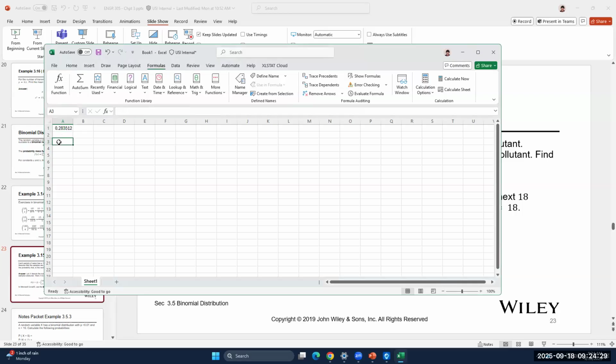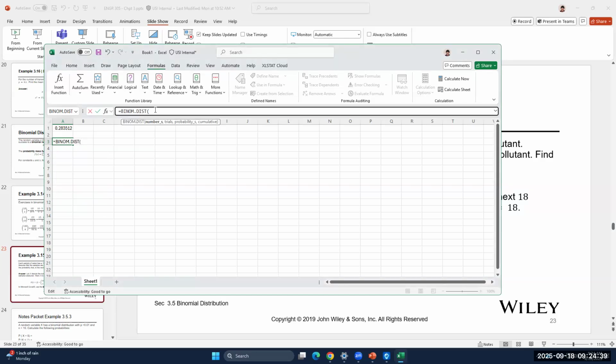Also, if I just type equals and start typing binomial, it should come up as your f of x. Excel will tell you that you need to enter the number of successes you're looking for. That's why it says n underscore s, number of successes. So I'm looking for 2 successes out of my 18 trials.